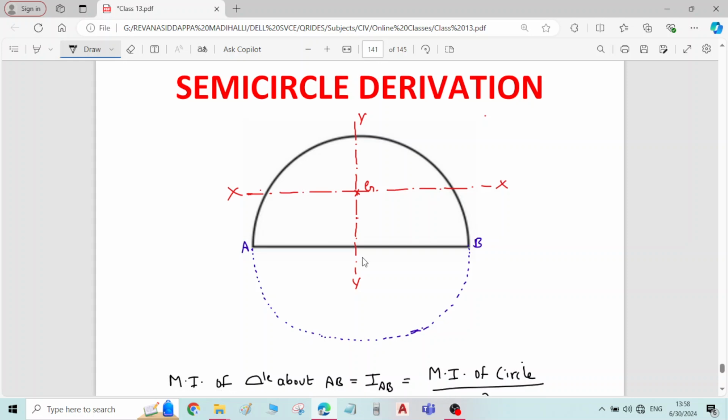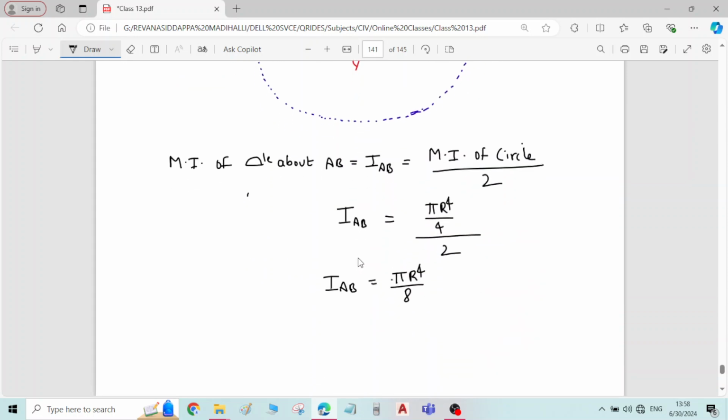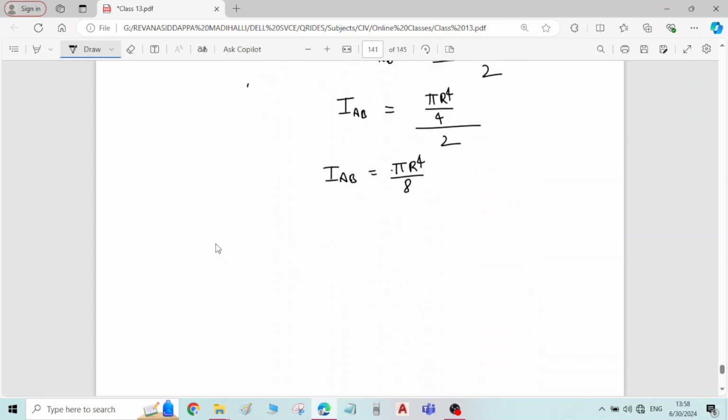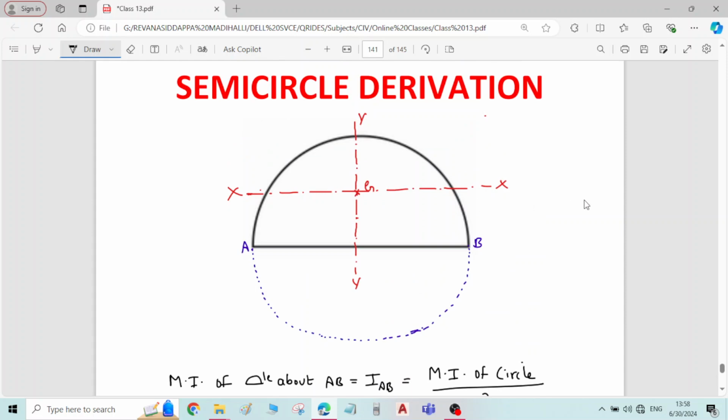To derive the equation for Ixx, what we have to do is we have to utilize the parallel axis theorem. Okay, we have to utilize the parallel axis theorem. Therefore, from parallel axis theorem, okay, so with respect to semicircle, I will define the parallel axis theorem.